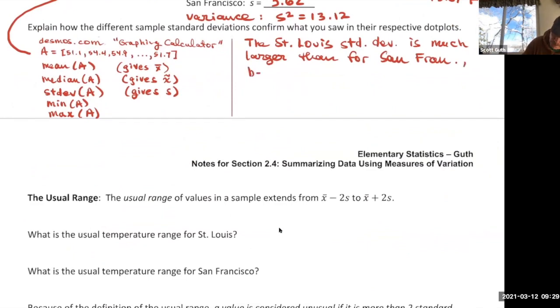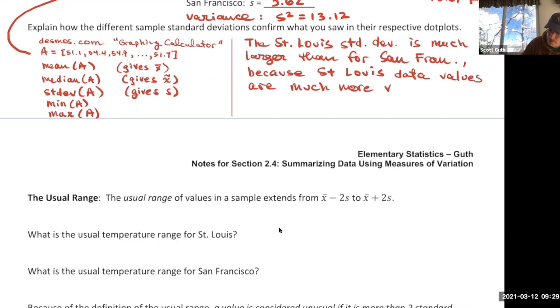This is because the St. Louis data values are much more variable. I'll go ahead and use language like I would say by mouth: much more variable, which means spread out.